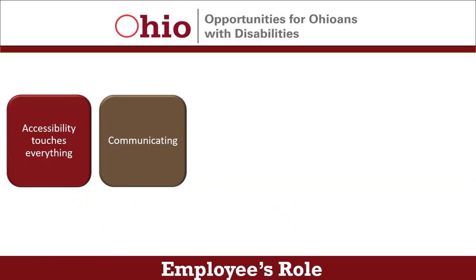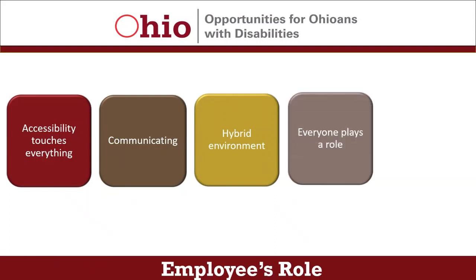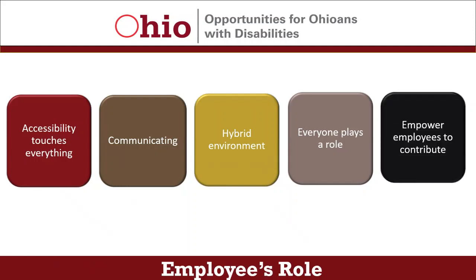And maybe doing all of this in a hybrid fashion, meaning some of this is occurring in person while some of this is happening in the digital and virtual environment. So everyone has an opportunity to play a role in making the workplace as accessible as it can be. Fortunately, there are simple ways to get everyone thinking about accessibility and how they can remove barriers. Because of that, it is absolutely a best practice to empower employees to contribute to accessibility in their daily work.